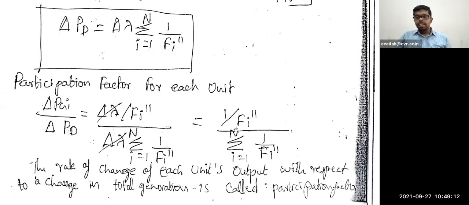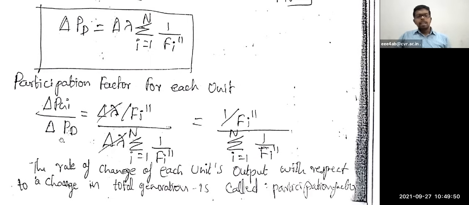The change in each unit's output is del PGi, and the change in the total generation is nothing but the change in the demand, that is del PD. So the rate of change of each unit output, del PGi, with respect to the change in the total generation, del PD.